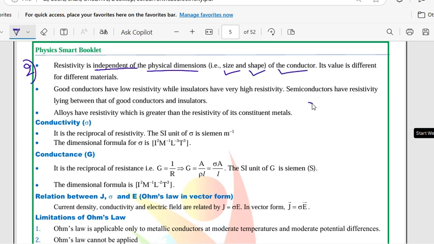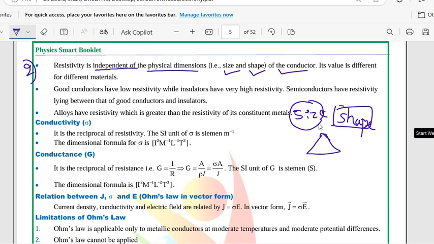If you consider any material which may be of different shape or size, these are also conductors. If you consider any conductor of any form or size, the resistivity will not matter at all, because it is independent of the physical dimensions, that is, size and shape of the conductor. But its value is different for different materials.